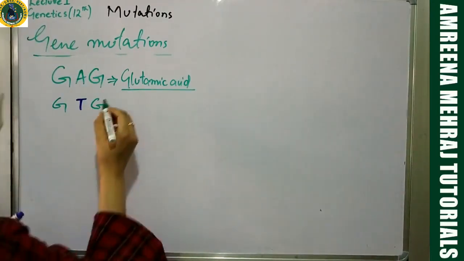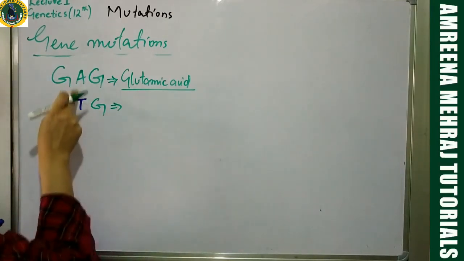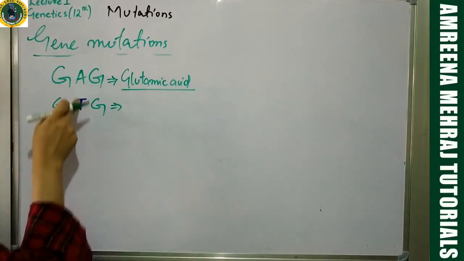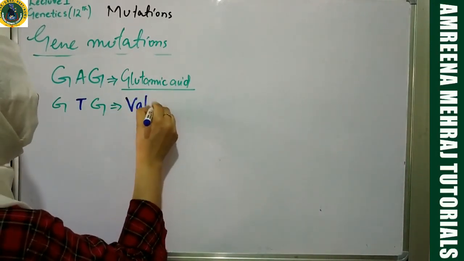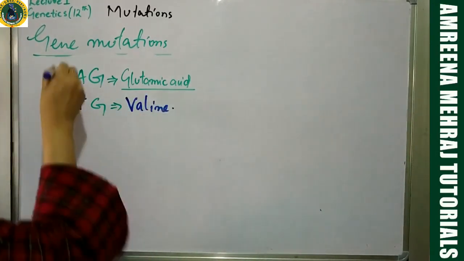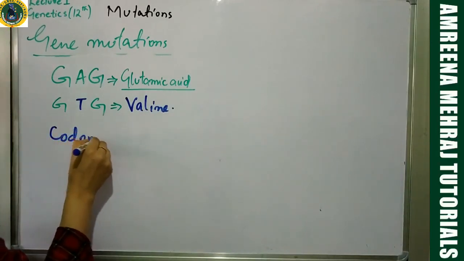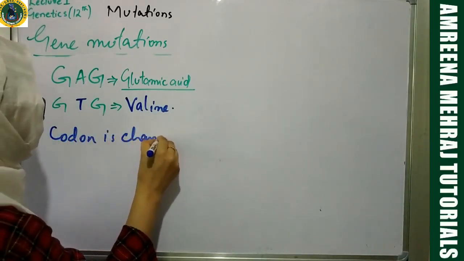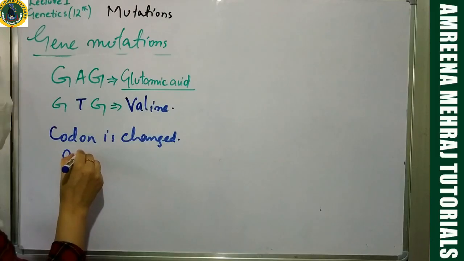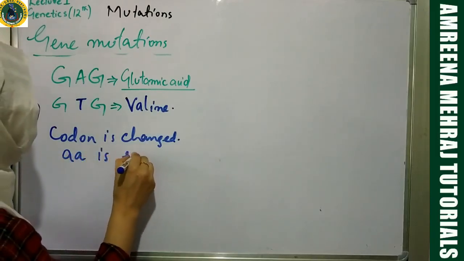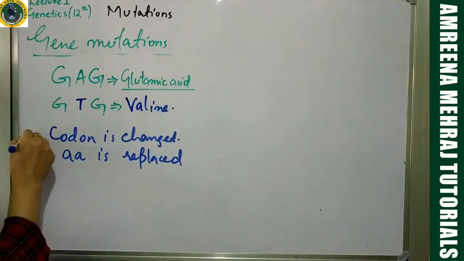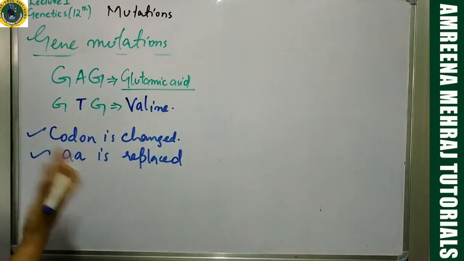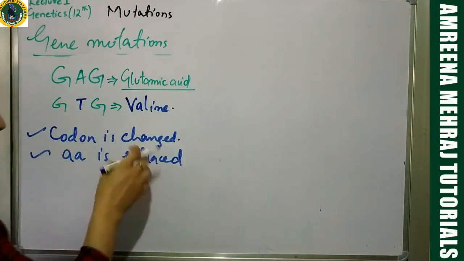Now after this substitution, specifically transversion substitution, it will code for valine. So what is happening in this case? Simple. The codon is changing, and the amino acid which was to be coded is also changed to a new amino acid.